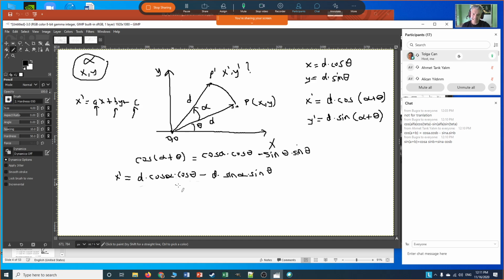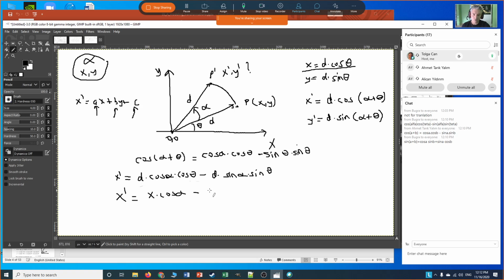So we still have d and theta here, but does any of these terms seem familiar to you from what we have written up here? Yeah, look at this, d cos theta. What is d cos theta? It's the previous x-coordinate. So x prime is equal to the previous x-coordinate times cos alpha minus d sine theta. What is this d sine theta?